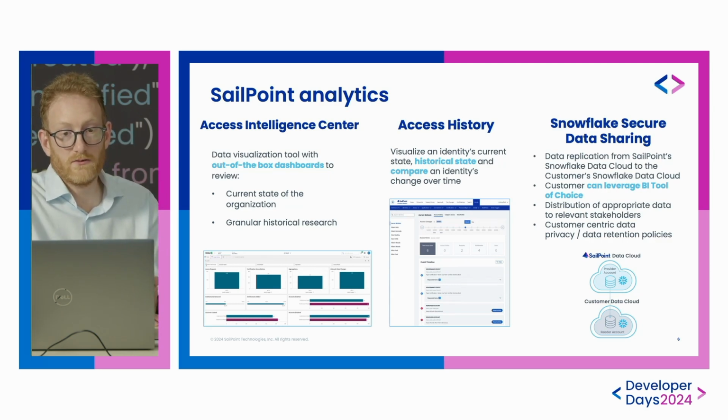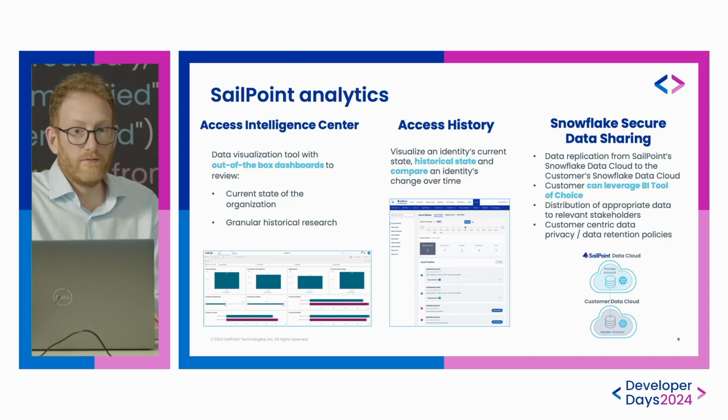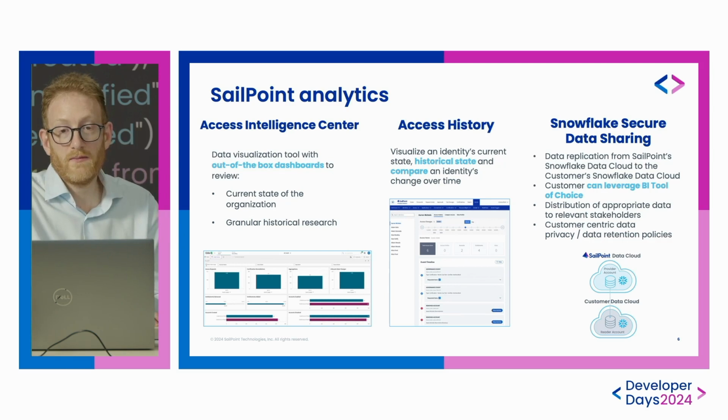Access history is also there, obviously, to show you a timeline of the historical states of the event and allows you to compare two states, two dates of the same identity, so you can see the change over time. And we also have the Snowflake secure data sharing capability, which allows us to replicate our data to your own Snowflake instance.